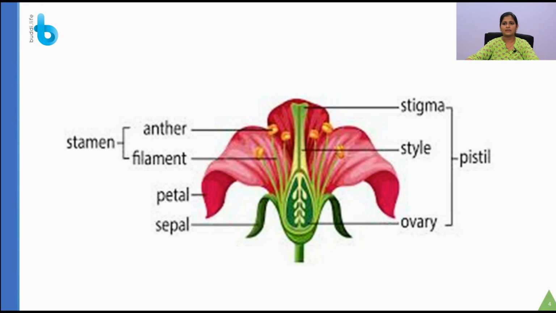The stamen is termed androecium and the pistil or carpel is called gynoecium. The pistil has 3 parts: stigma, style and ovary. Similarly, a stamen has 2 parts: anther and filament.